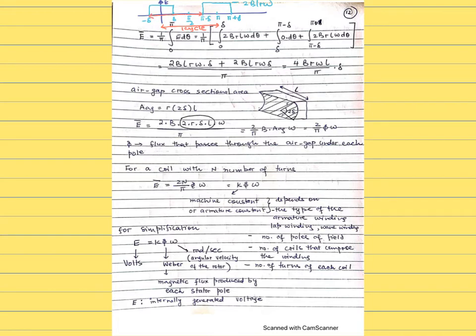Okay, so for finding the average value, you take 1 over pi, the length of the cycle, and you integrate the function e over the entire range of the cycle angle we have considered.